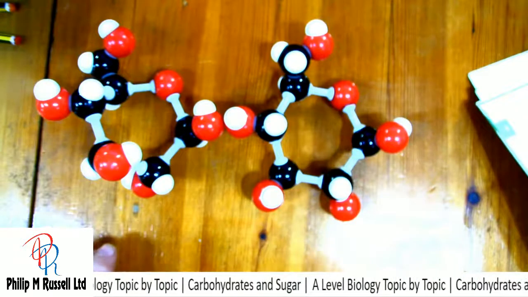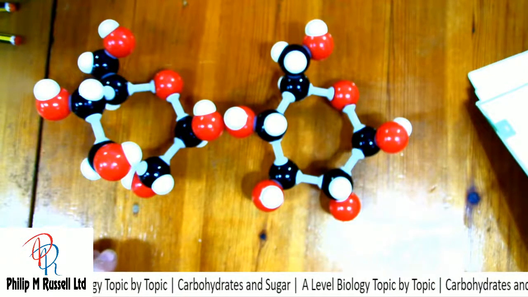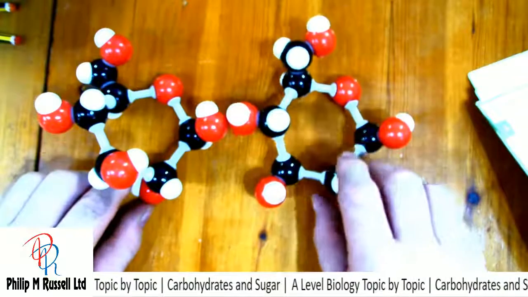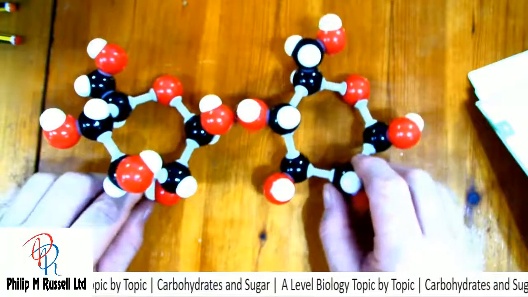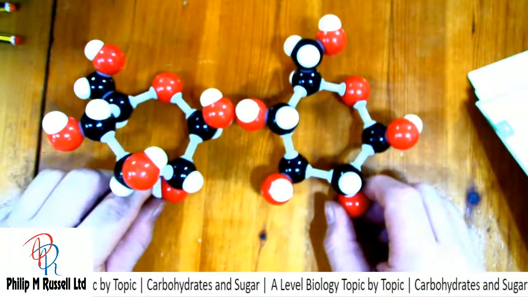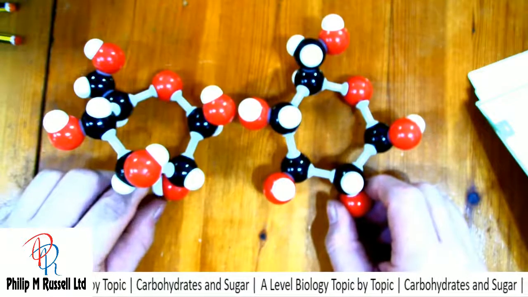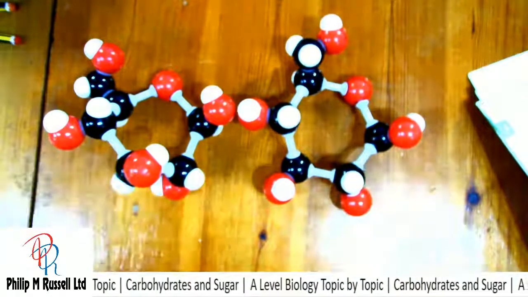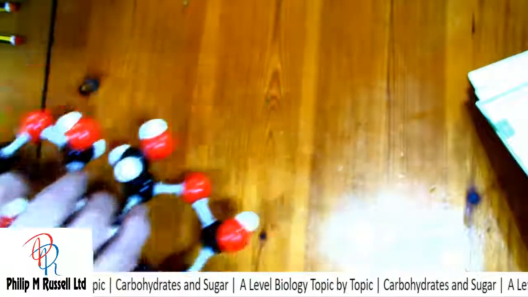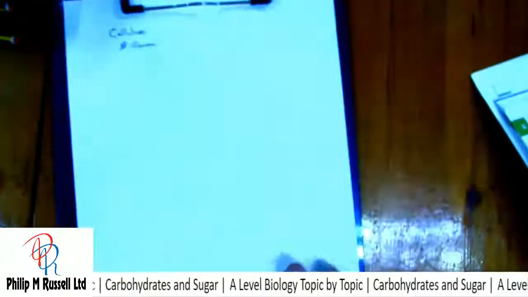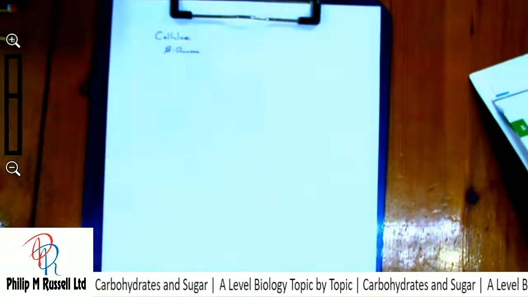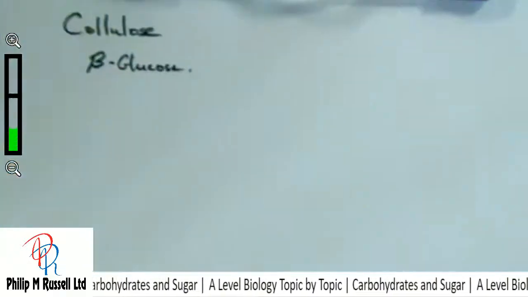We're just going to get a molecule breaking up here, and we've got a slightly different structure going to happen. Let's draw it out first. It might be a bit easier to see what's going on.